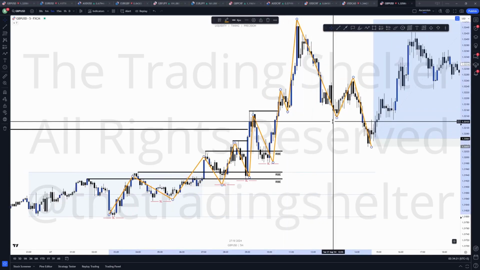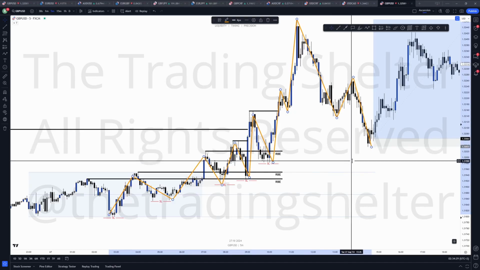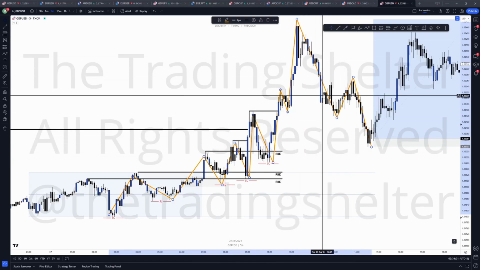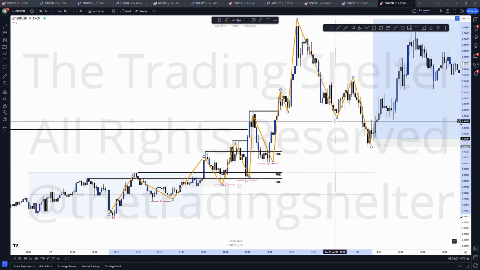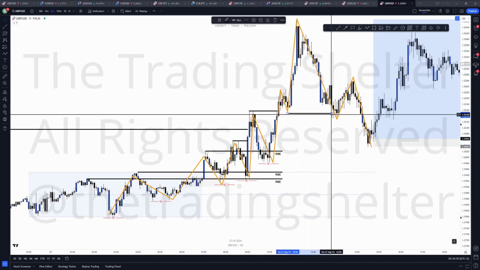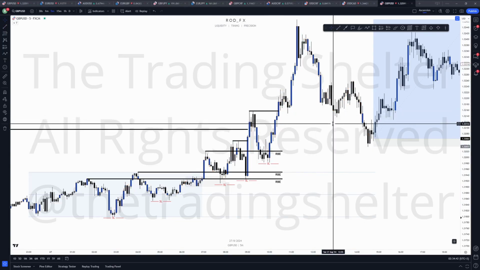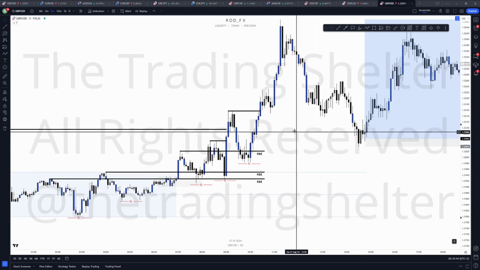It's easy because the price is printed, but our goal is to understand what happens when the price goes in this direction. Every single time that the market switches, that there's a new structural low created, your goal is to identify the reasons why there's a new structural low. So let's go and analyze.